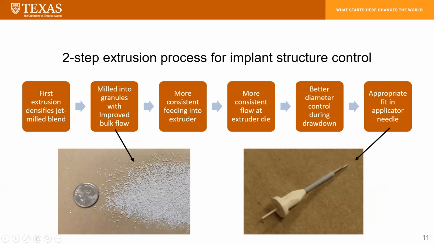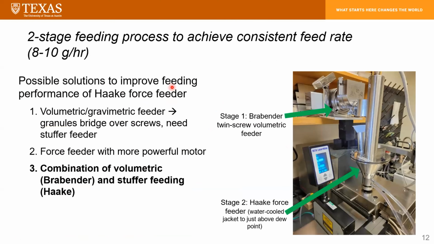Then we mill the extrudate into granules, because only granules can feed consistently. Without consistent feeding, you can't achieve consistent diameter. Then we do the second-step extrusion. That's where we achieve the dimension control, because those implants have to fit into the applicator. So dimension is very critical.